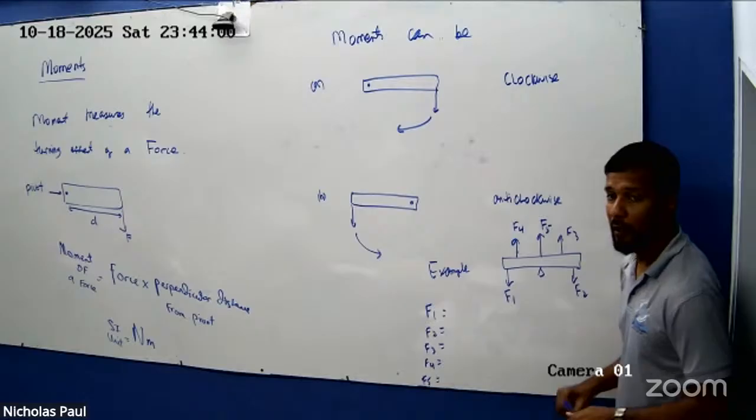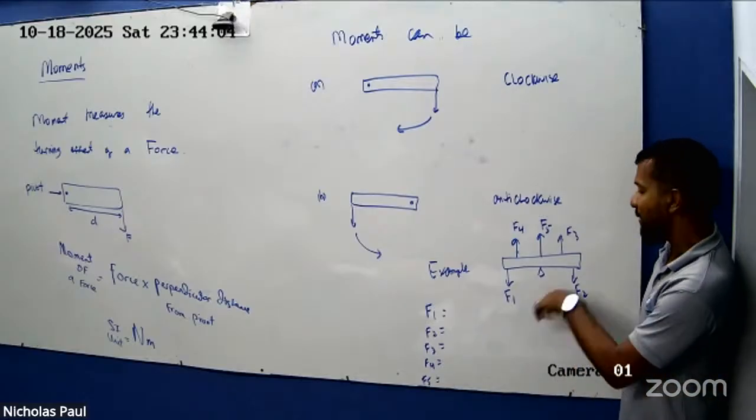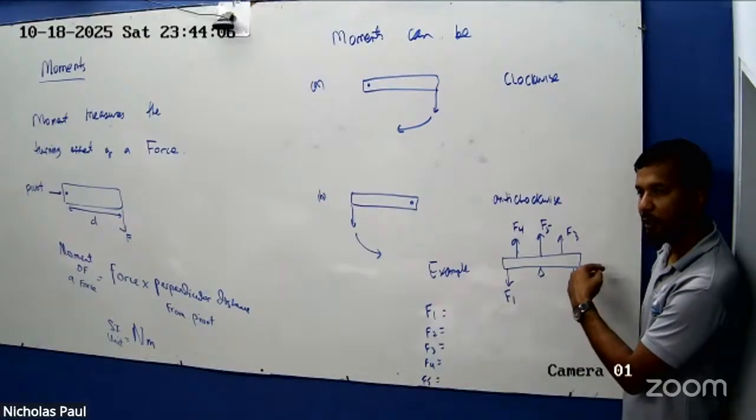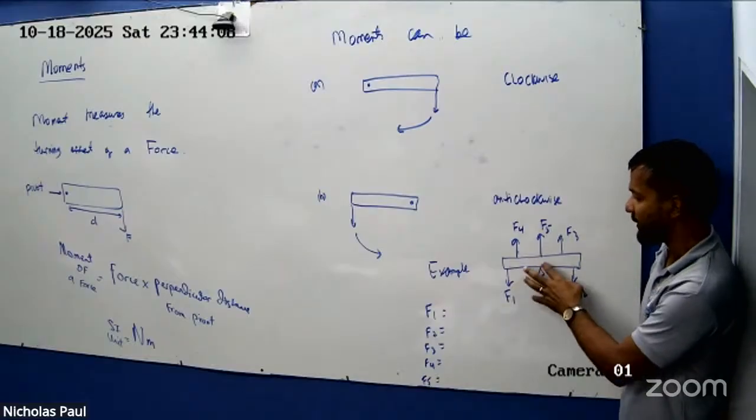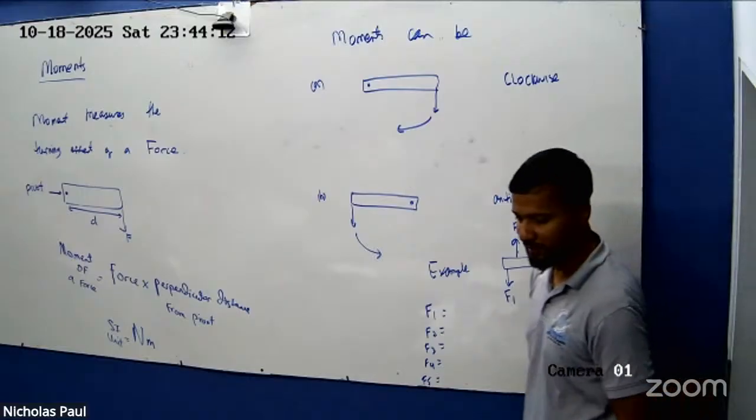All right. So just make a little note of these things. And then I have a small example here. I have 5 forces. I want you to tell me which of these forces are clockwise and which are anti-clockwise. Think about it. Write it down first.